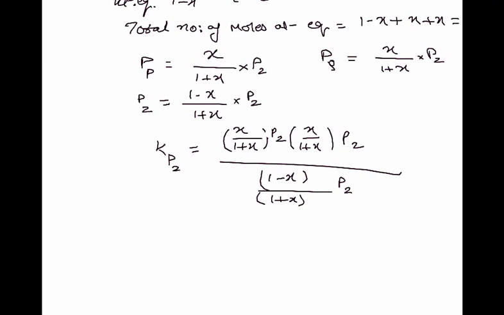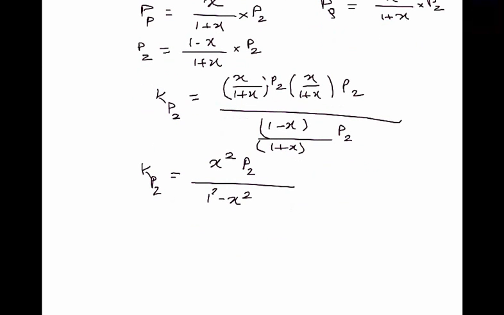Right? So I can write the equation of Kp2 as, you all can easily solve this, X squared P2 divided by 1 minus X squared. Just solve this equation. You are getting X squared, this 1 plus X will be cancelled off. 1 plus X into 1 minus X gives 1 square minus X squared, that is your A square minus B squared.